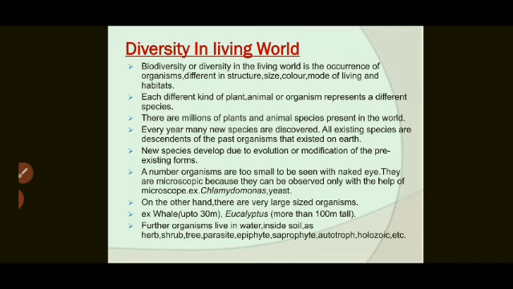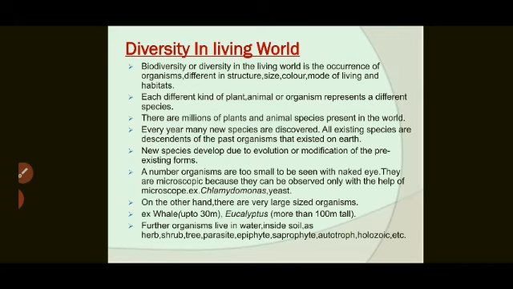So, biodiversity or diversity in the living world is the occurrence of organisms different in structure, size, color, mode of living and habitats. Each different kind of plant, animal or organism represents a different species.